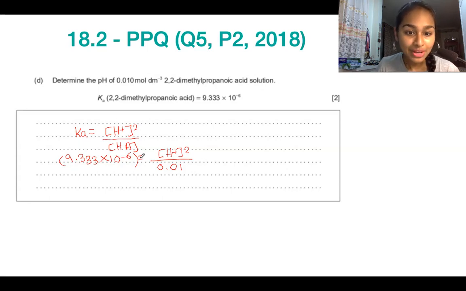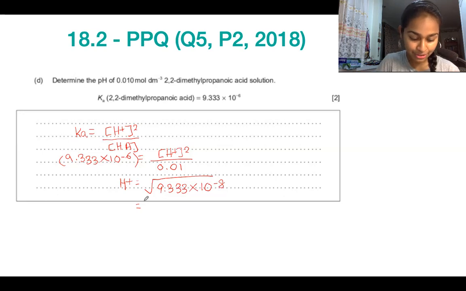Perfect. Okay, so what that's going to get me therefore is that H plus is going to equal the square root of 9.333 times 10 to the power of negative 8. And if I square root that value really quickly, that's going to give me 3.055 times 10 to the minus 4.